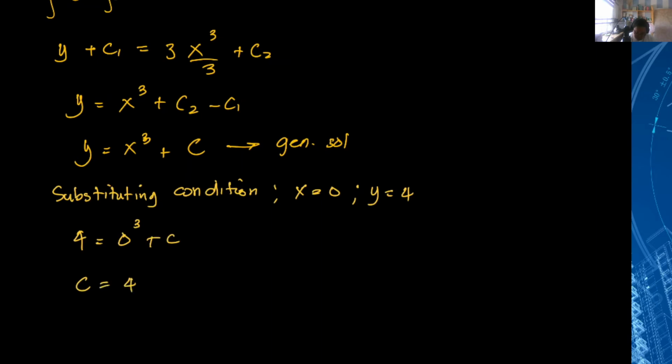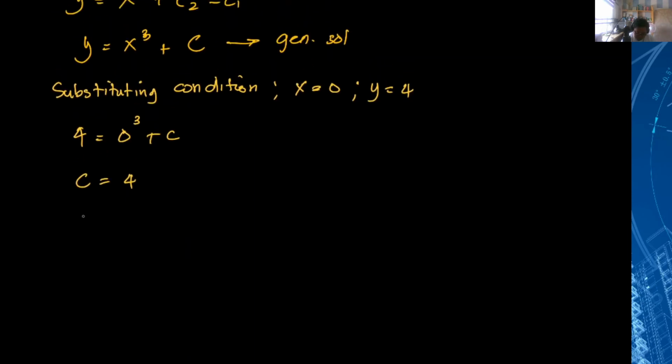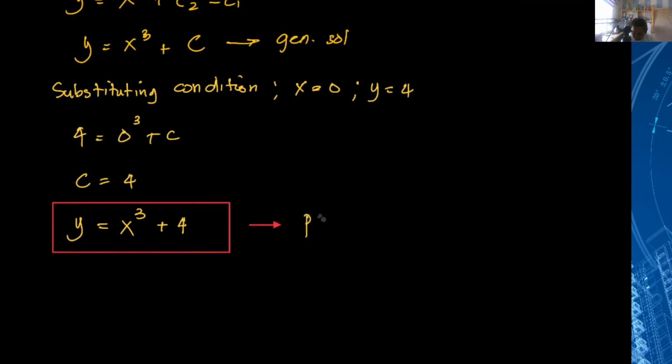Is that the final answer? No, we still need to solve the particular solution. The general solution is y equals x cubed plus c, but we already know c, so this is 4. This is now the answer, and this is called the particular solution.